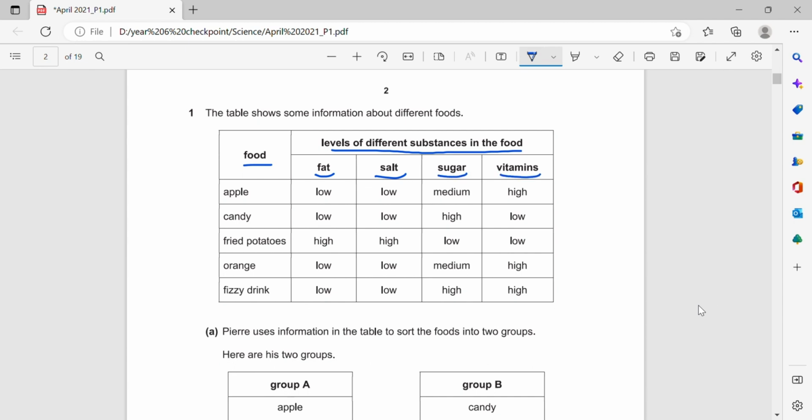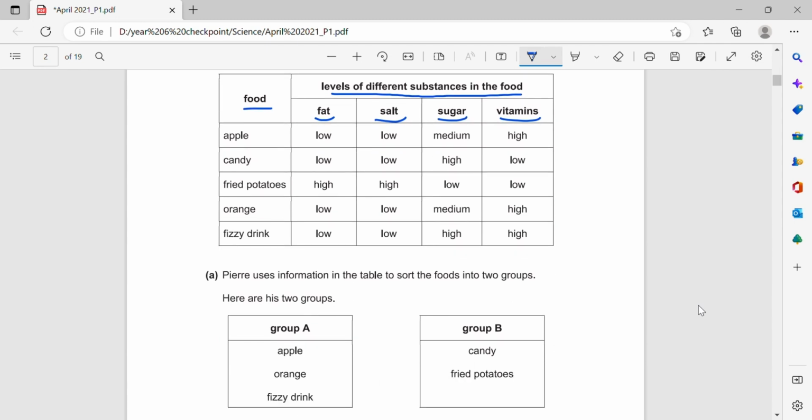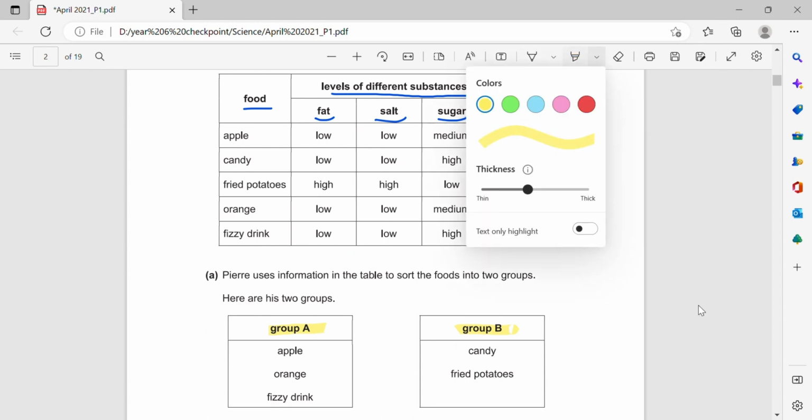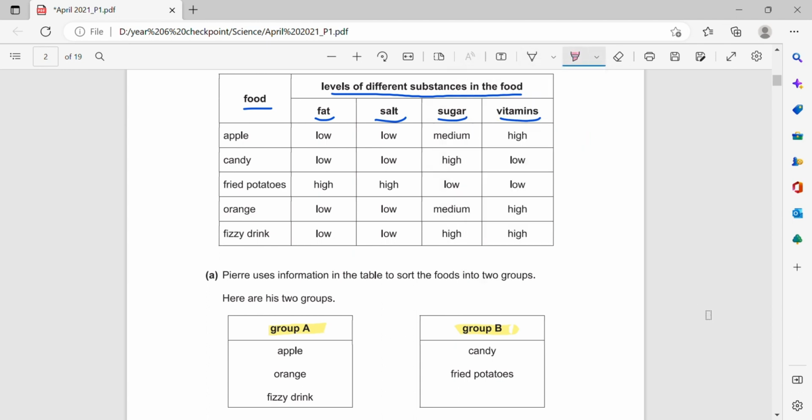Pierre uses information in the table to sort the foods into two groups. يبقى Pierre here is sorting the food into two groups, group A and group B. In group A, he put apple, orange, fizzy drink.